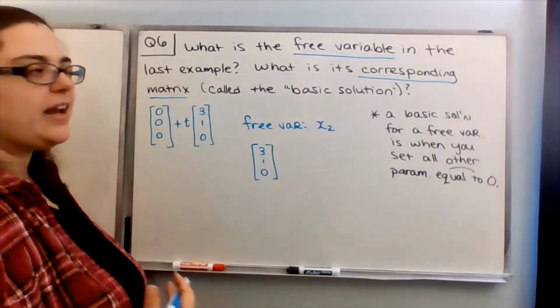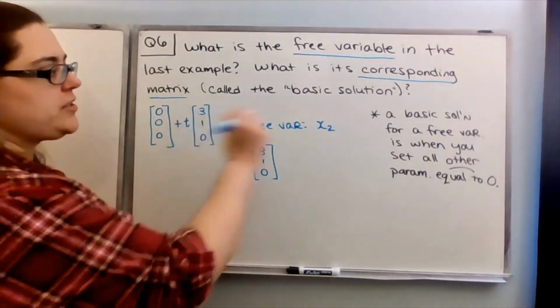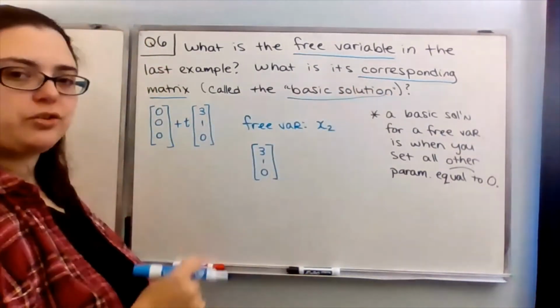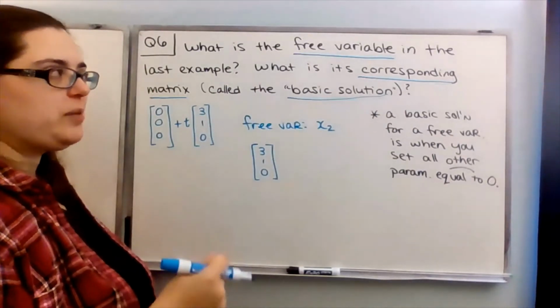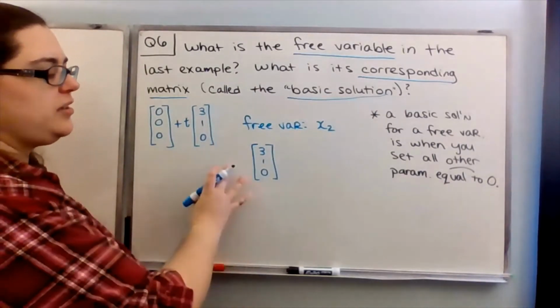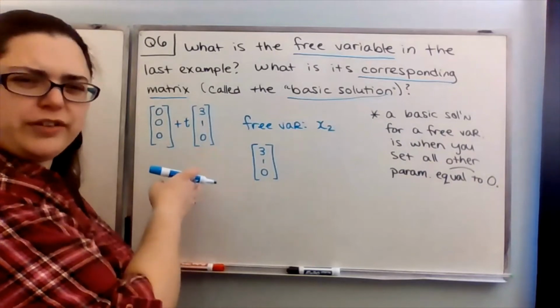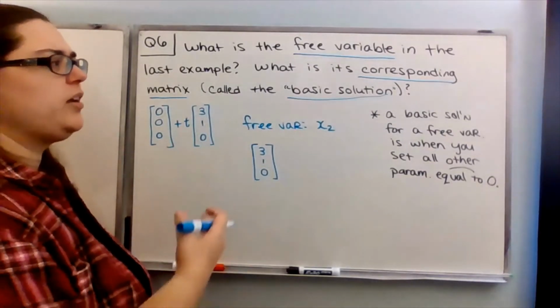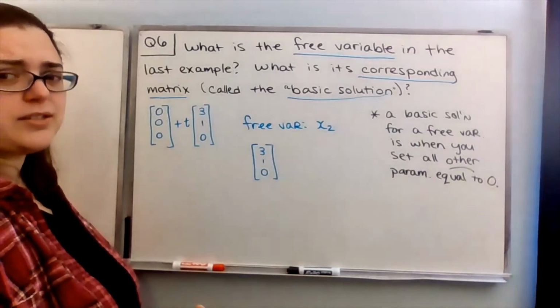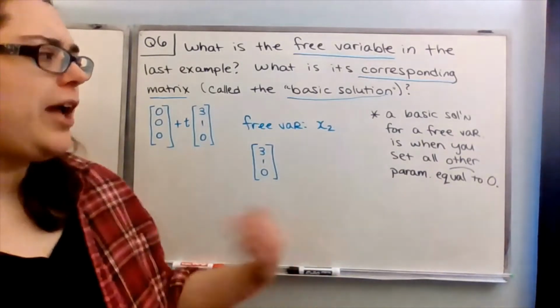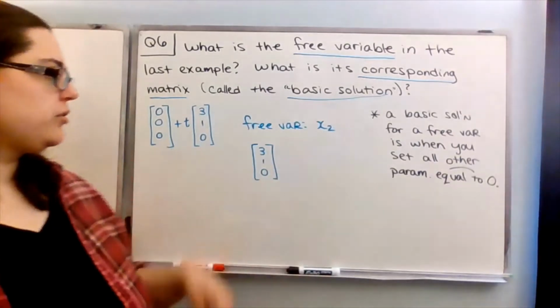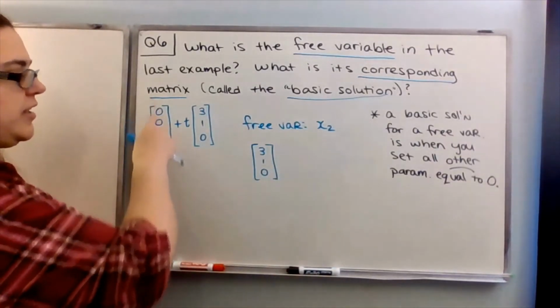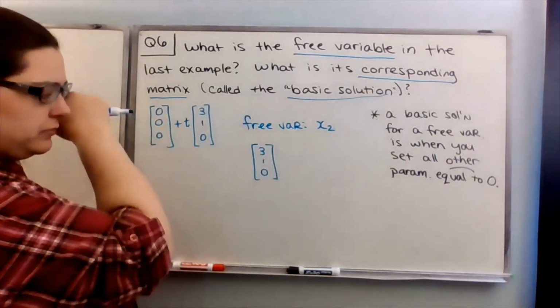That's it. Now, this corresponding matrix here is going to be called a basic solution. And you might be wondering, this is the basic solution, but it was the free variable, not the basic variable. So why don't we call it the free solution instead of the basic solution? Well, the terminology comes from your basic solution is the one that doesn't change to your system.